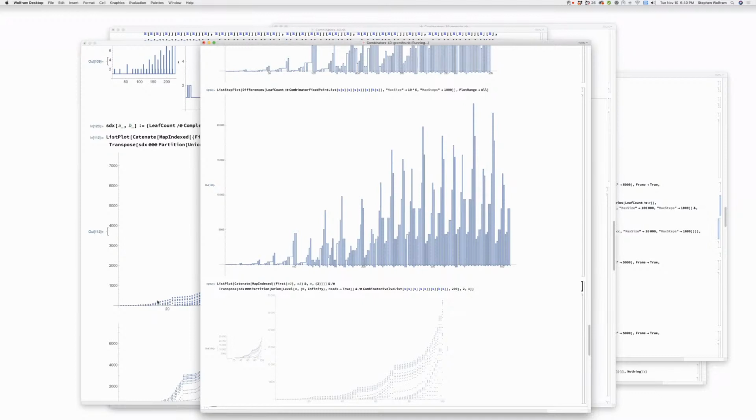Oh, look at these. They're size 30,000 expressions that are showing up here. That would get us to here in the next one. How can there be size 30,000 expressions at 100 steps when this, oh, this is the differences.